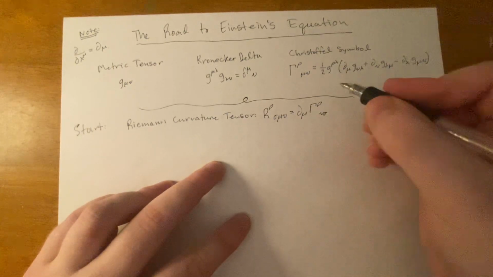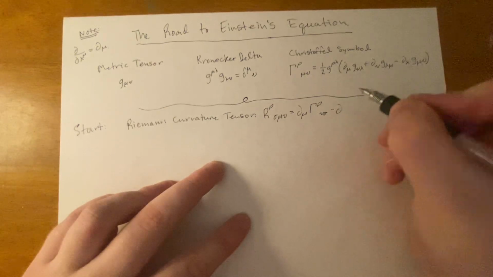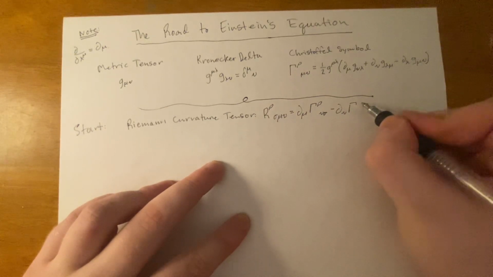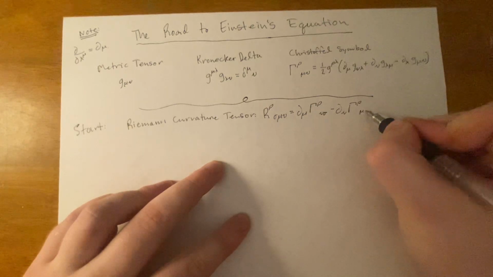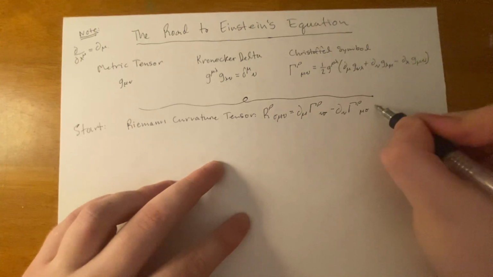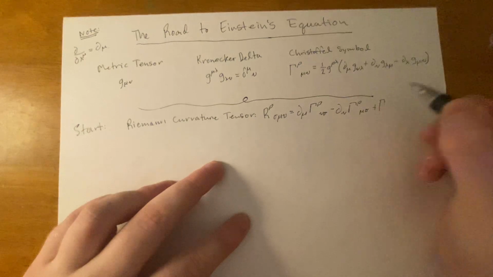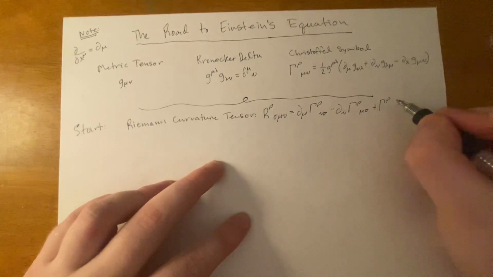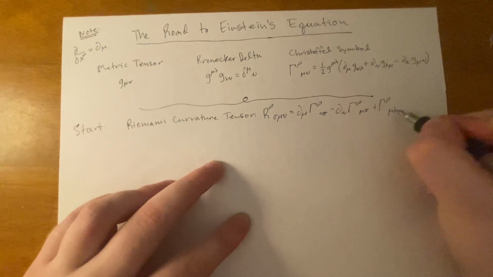Sorry, I'm just double checking with my notes. I want to be consistent with my indices. Plus 2 connections up, gamma, down.